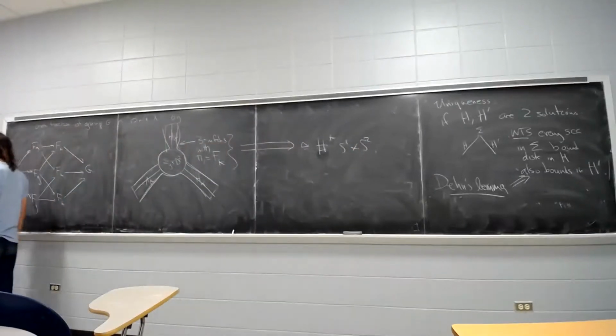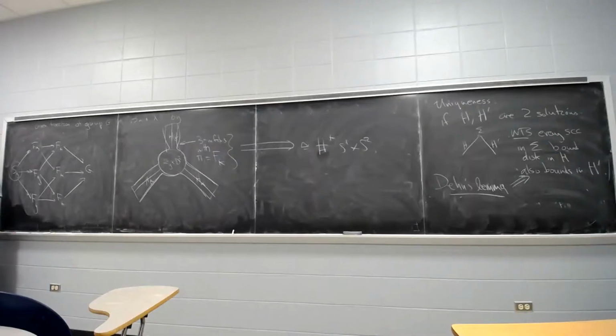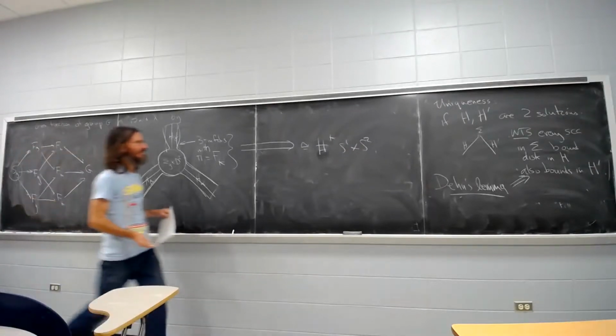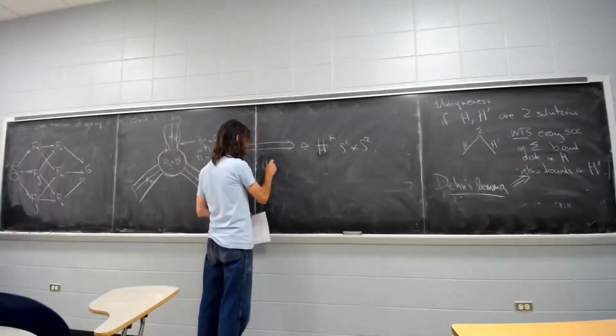So the first case is if K equals 0, we're saying if pi 1 is trivial, you want to know it's homeomorphic to S3, and that's the smooth Poincaré conjecture. The case where K equals 0, this is the three-dimensional Poincaré conjecture.